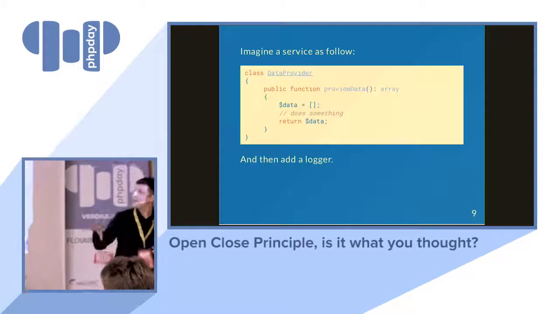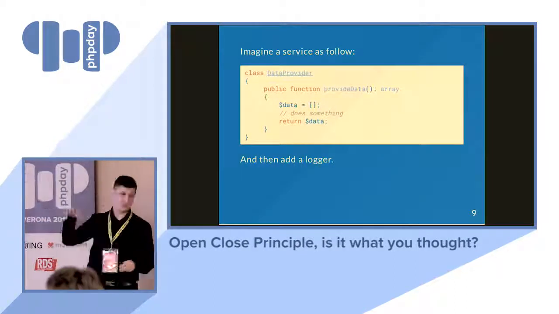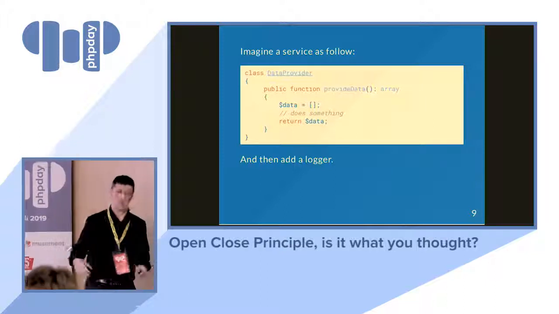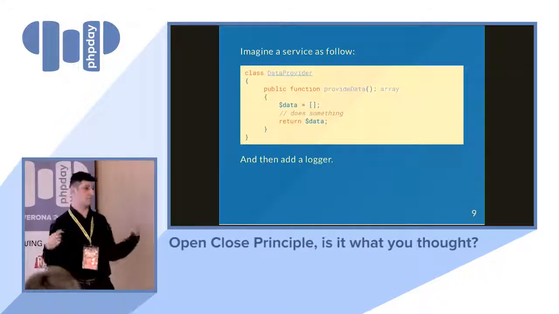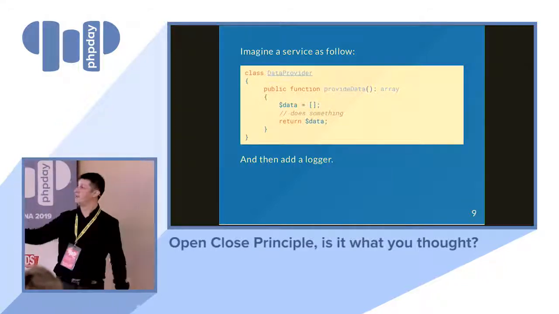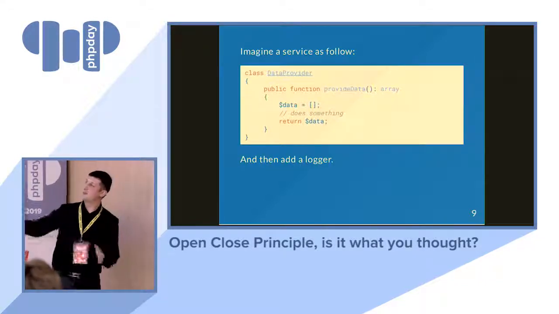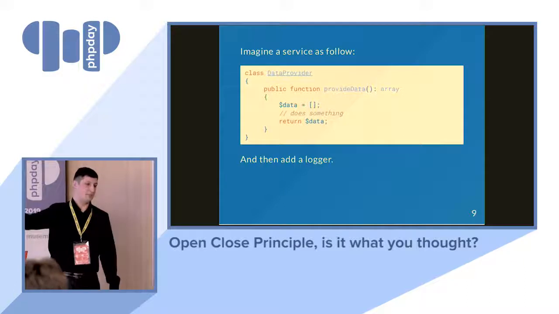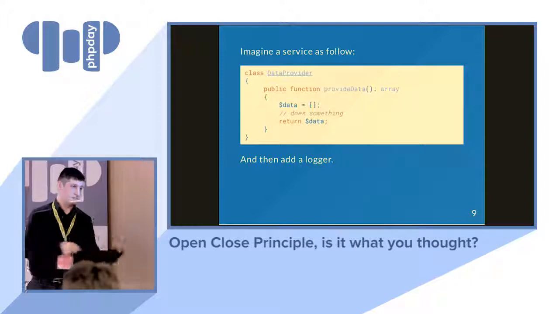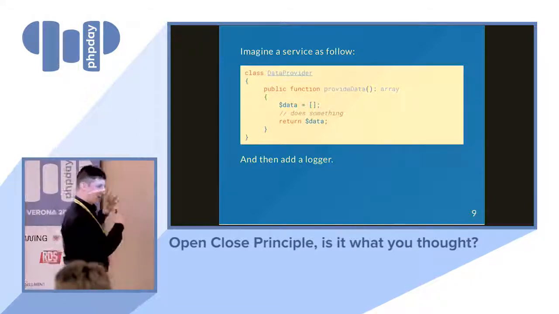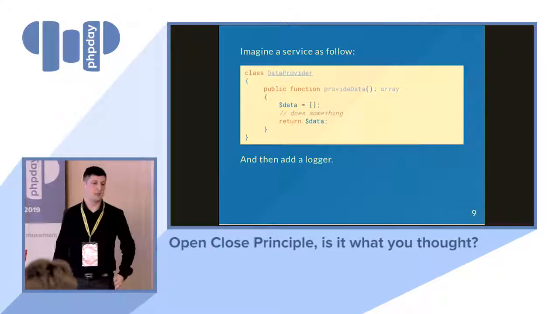I've got this class called DataProvider, a very bad name, just for the example, and it basically provides data. Your business logic is, for some reason, GDPR or whatever, you need to add a logger to this. Some people will just add the logger as a dependency and that's it, but don't do that, because we work with closed classes, so we won't change all of this code for this example.